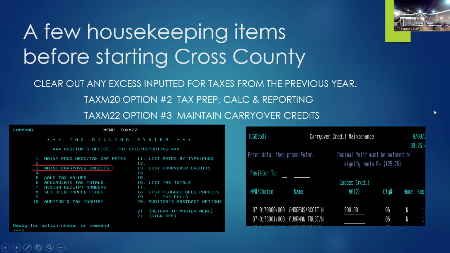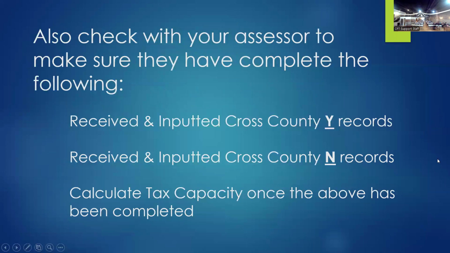Those don't automatically clear out. Also, do a little check with your assessor to make sure that they have completed and inputted all the values for the cross county wide records and your cross county end records. And then that they have calculated tax capacity once all of those have been complete.